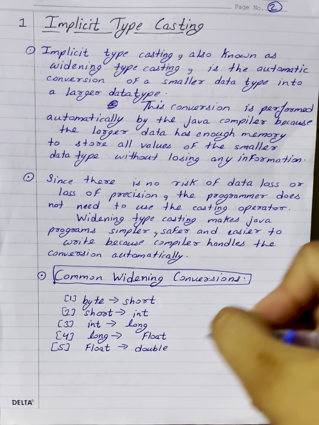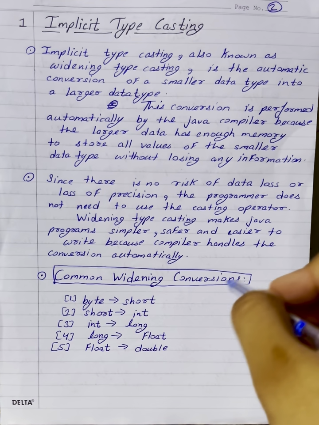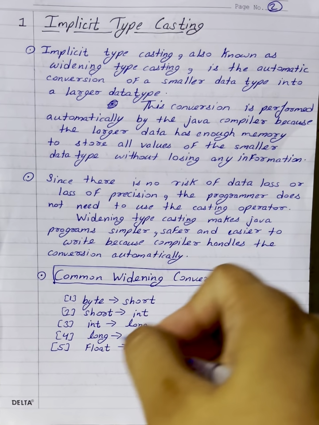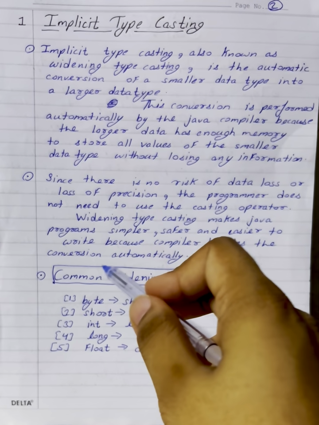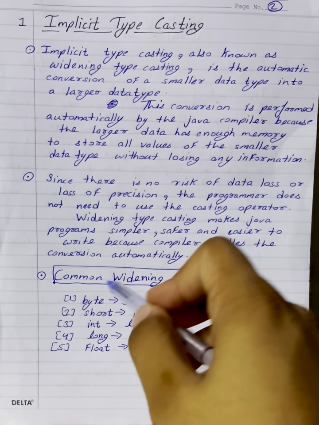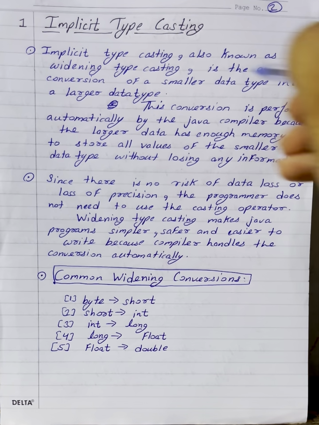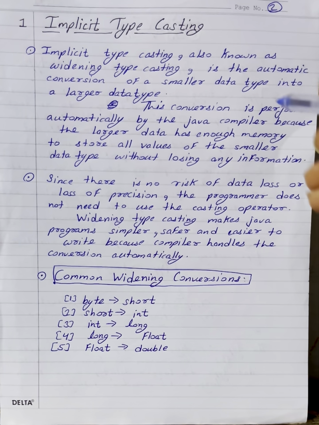And these are some common widening conversions: byte to short, short to int, int to long, long to float, float to double. You can see the sequence goes from small to large, a smaller data type into a larger data type, remember. So let's understand this with an example.